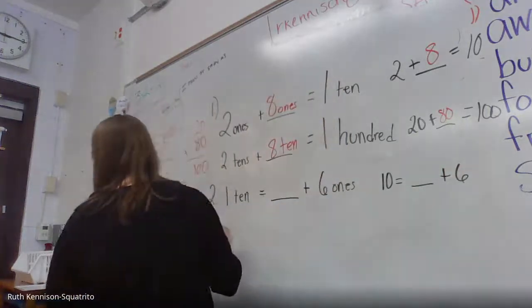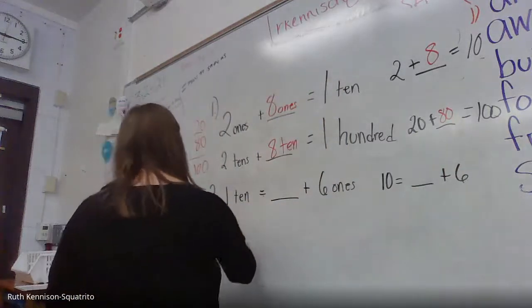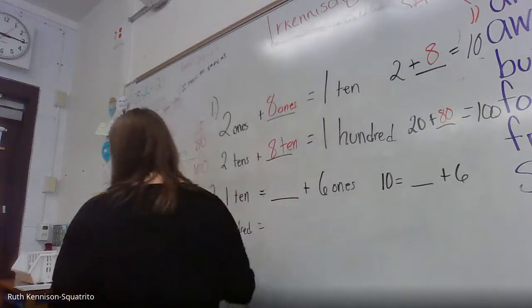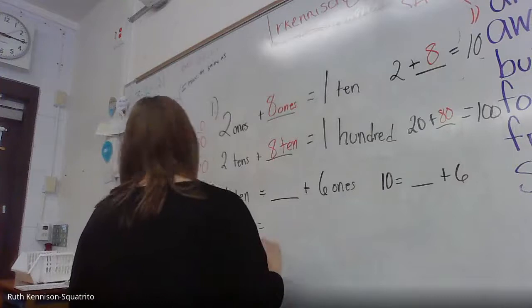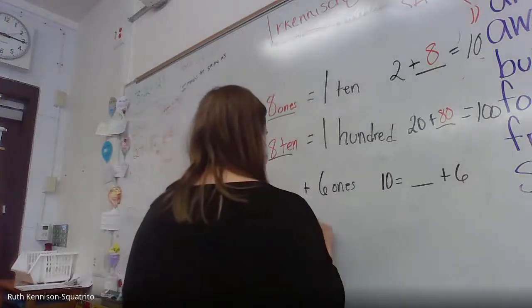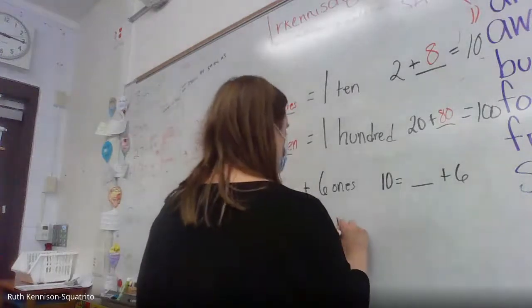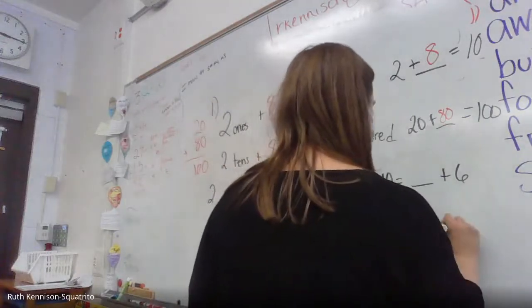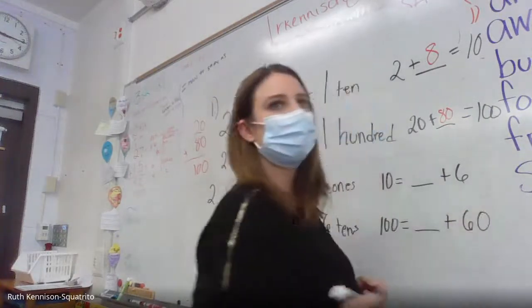And then next it says 100 equals blank plus 6 tens. And it says 100 equals blank plus 60.